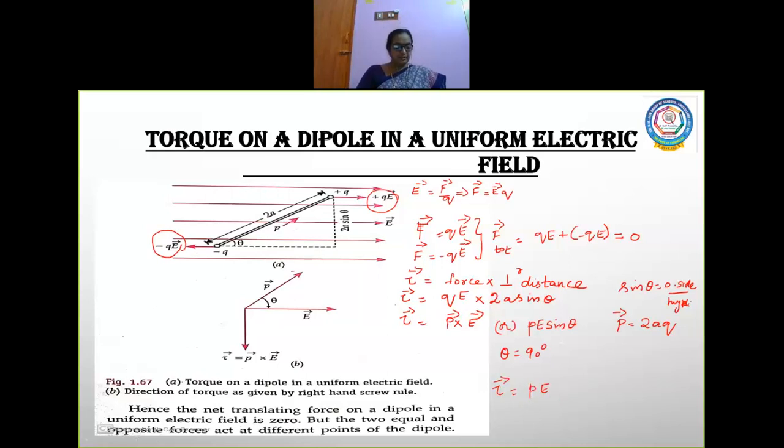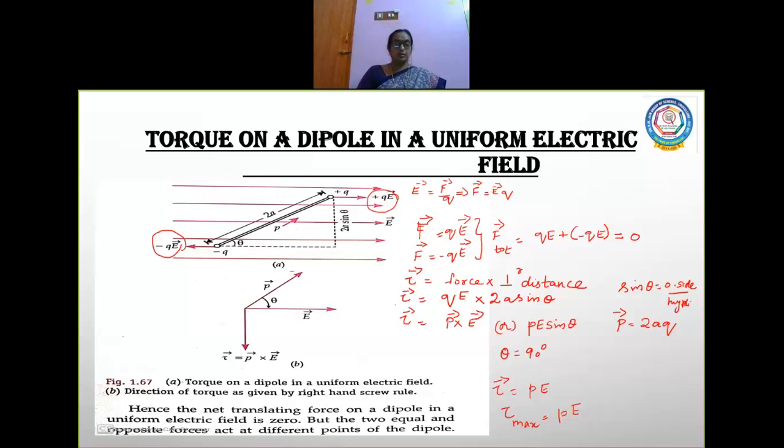Is it clear, children? So you have maximum torque when the dipole is at an angle of 90 degrees to the electric field. Exactly when the dipole is perpendicular to the electric field, then you have tau maximum, which is represented as torque maximum equal to P into E. Is it clear, children?